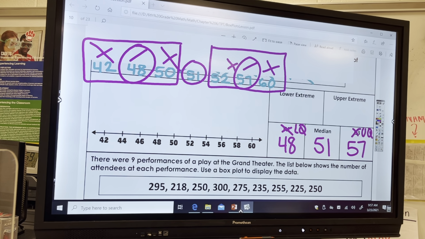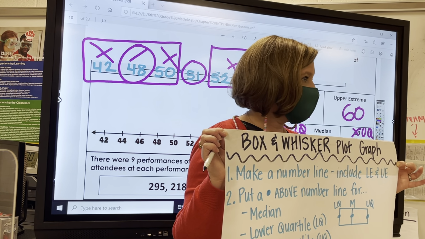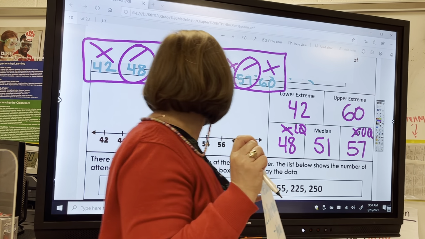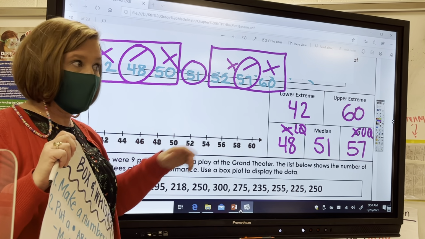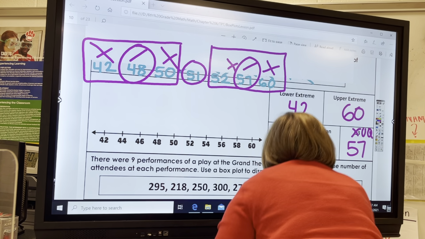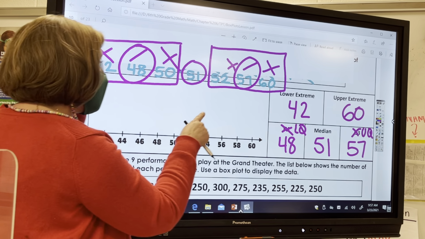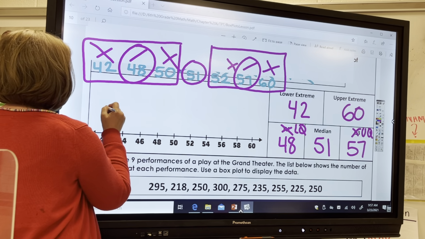Now, when we are creating our box plot, the first step is to draw our number line and label it. Make sure you include the lowest number and the highest number. Has that been done for us? Did they number it for us? Yep. So do we have to do that part? Nope. So let's use that. And let's plot our points. We've got 42. Remember, please do it above.